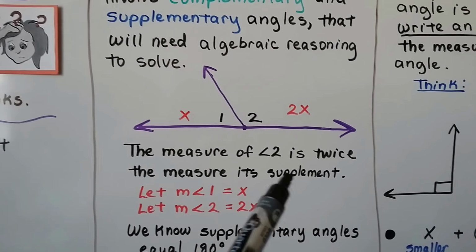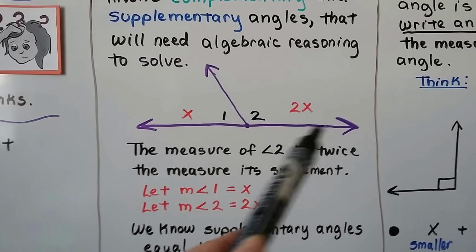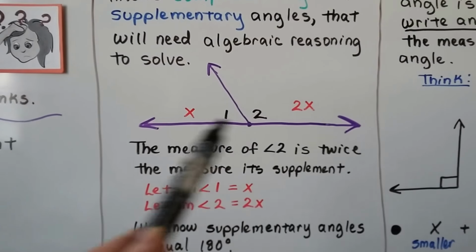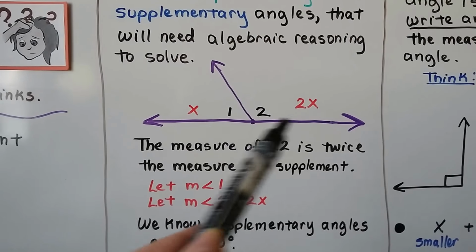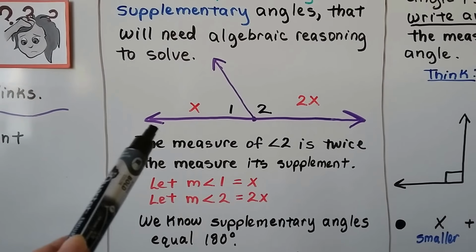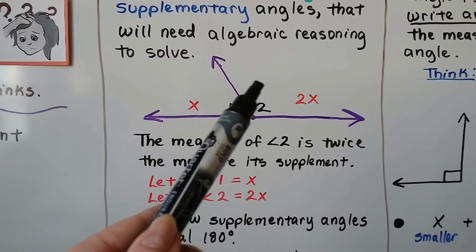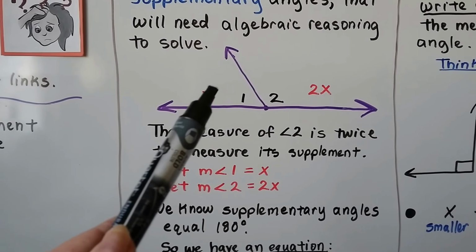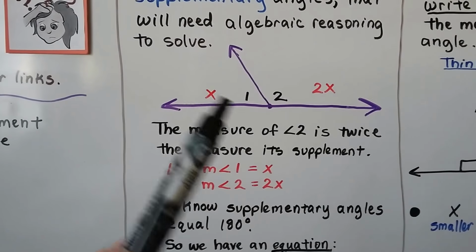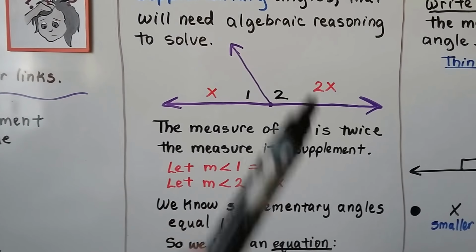So that's a clue. If there's supplements, then we know that's a straight line, and it's 180 degrees. So now we can just assume that that's the 180 degrees. If that's angle 2 and that's angle 1, and this is 2 times the measure of this one, we can say this is x and that's 2x.